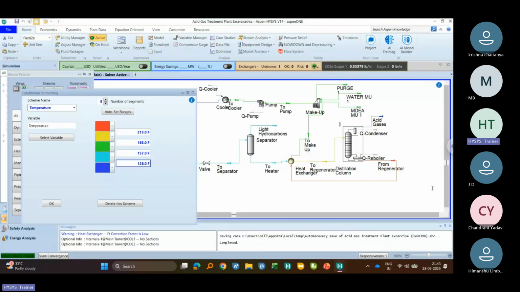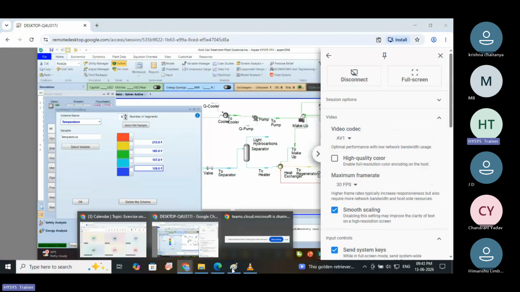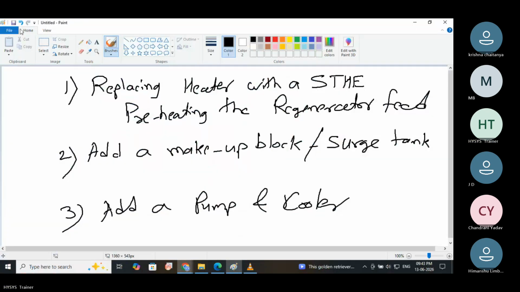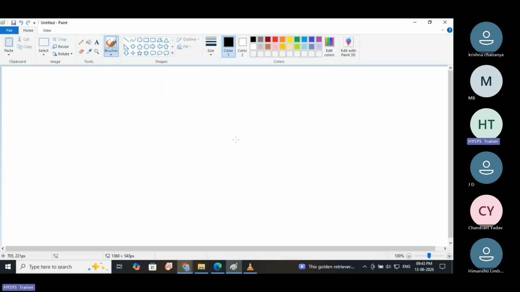Why have I given these four values? Let me explain this a little better. Suppose I'm looking for 1, 2, 3, 4, and 5 temperature ranges. The first one is less than 128.